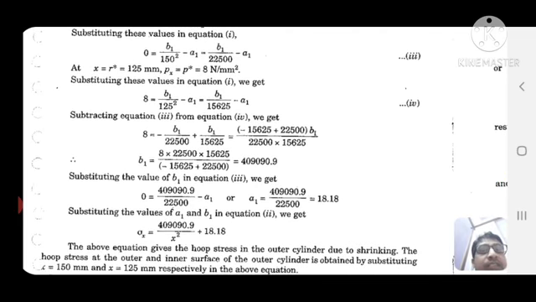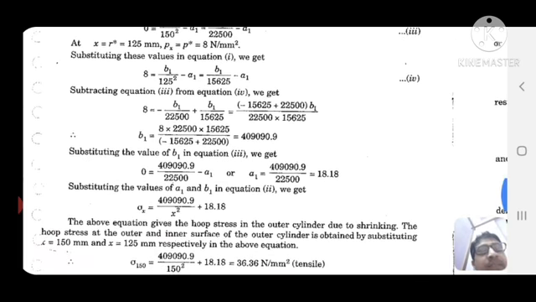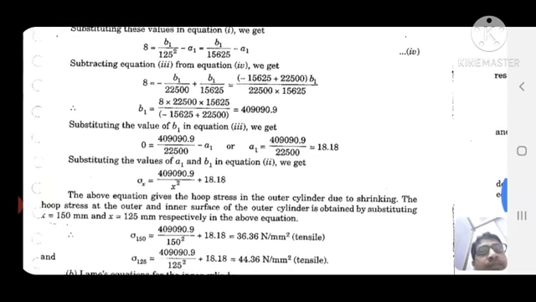At x equal to R star, that is 125 millimeter, Px equal to P star, that is equal to 8 Newton per millimeter square. Substituting these values in the equation, we get 8 is equal to B1 by 125 square minus A1, that is B1 by 15625 minus A1.